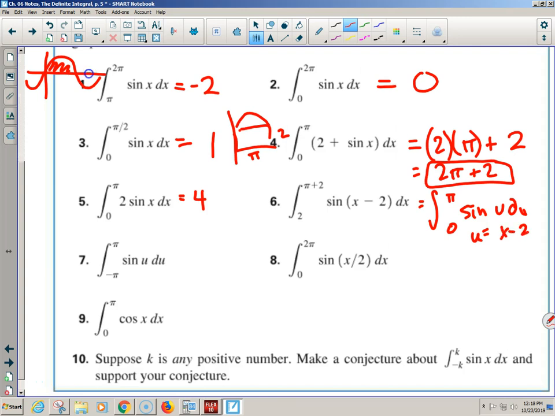How about this dude? u-bounds. What's 2 pi over 2? Oh, pi. What's 0 over 2? Oh, 0. Sine of u.